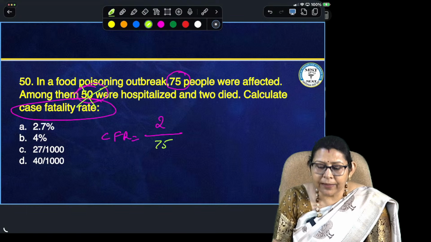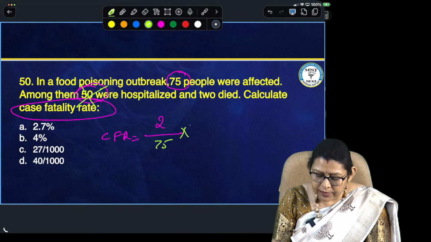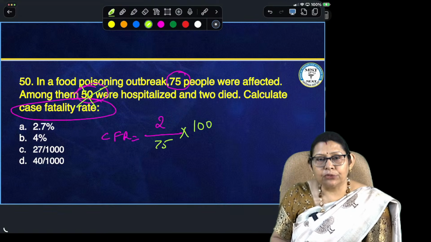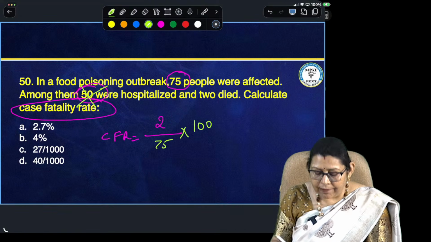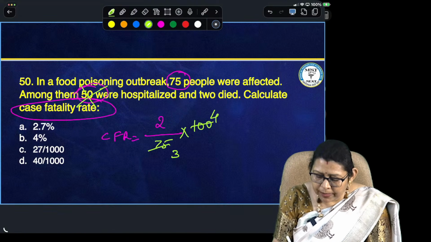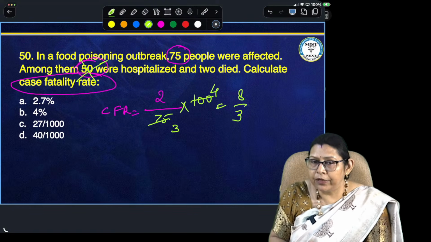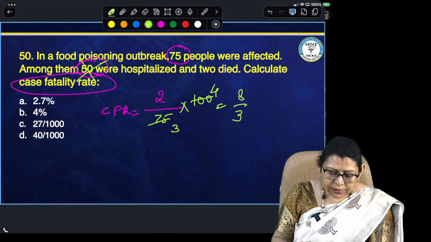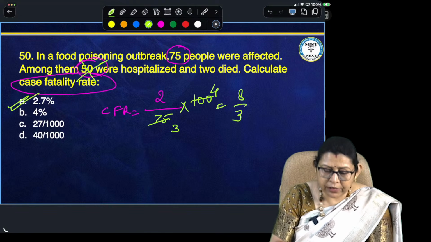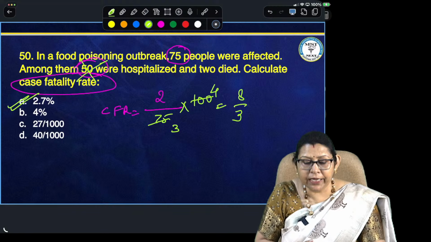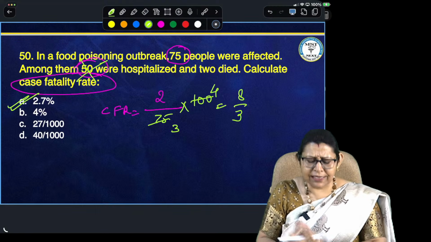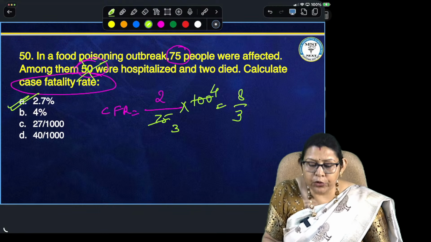Okay, and multiplied into 100. So it is 2 by 75 into 100, so it is somewhere as 2.7%. Okay, 2.66. Yes, it is nearest value is 2.7%.